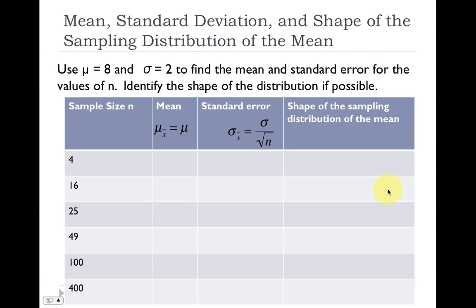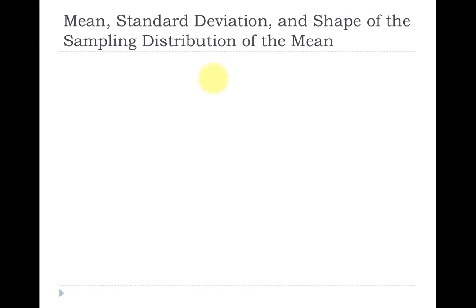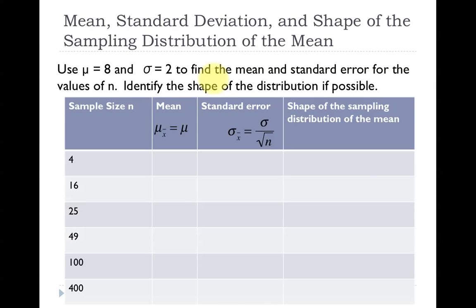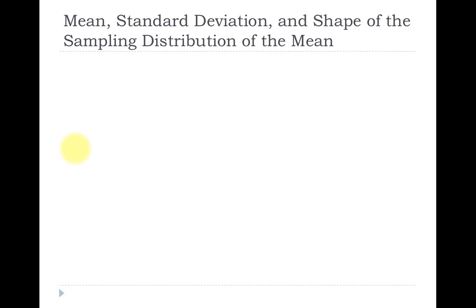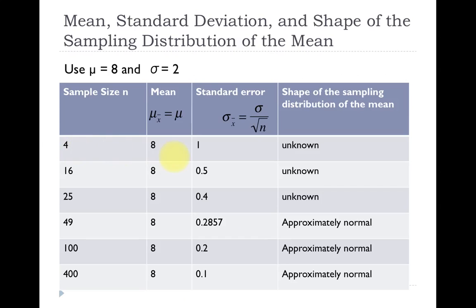Now, for each of these cases, we're going to assume that the original population from which these samples were taken has an unknown shape. So we don't necessarily know that we're pulling from a normal distribution. So for each of these, let's calculate.